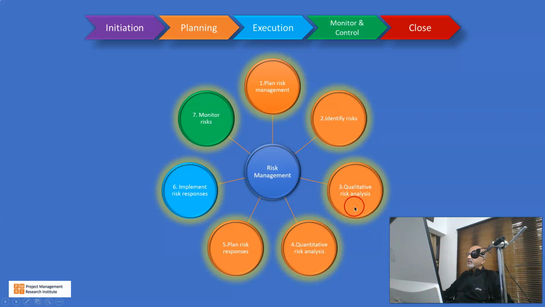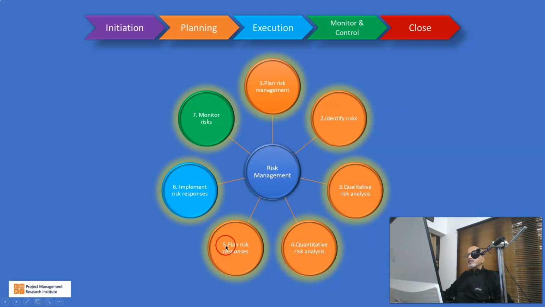And the high probability impact items will undergo a quantitative risk analysis. There we discussed simulation techniques like Monte Carlo analysis, decision trees, and stuff like that. Then we plan risk responses. What all things we should do to reduce the probabilities or the impacts or both.